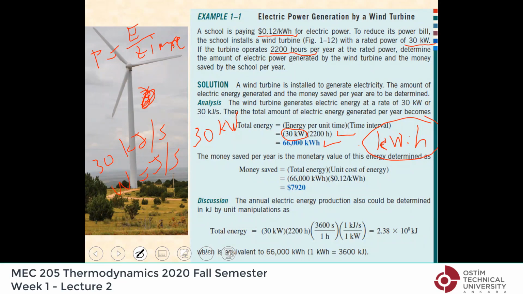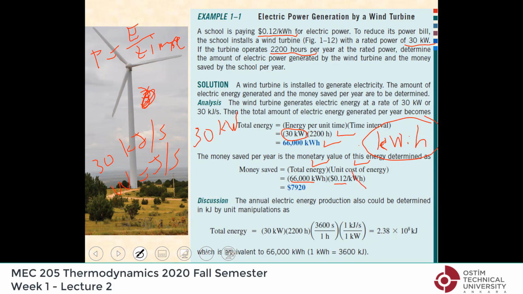Now the school is paying 12 cents per kilowatt hour. Then what is the money saved? Again, logically, the total energy saved and the unit cost of energy, which is 66,000 kilowatt hours and 12 cents or $0.12 per kilowatt hour.